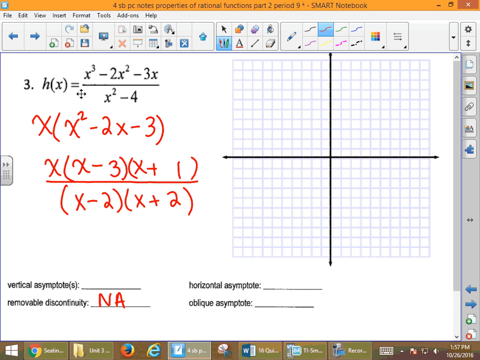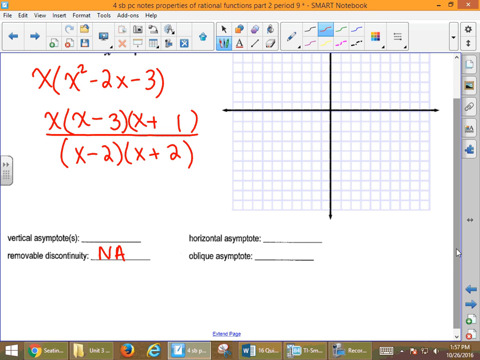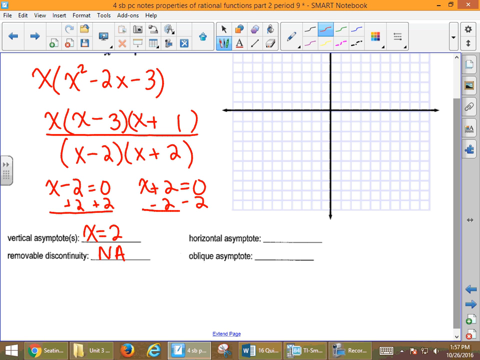Our vertical asymptotes do come from the denominator. What we've got is x minus 2, we can set that equal to 0, and x plus 2, we can set that equal to 0. Ultimately we end up with x equals 2, and over here we also end up with x equals negative 2.